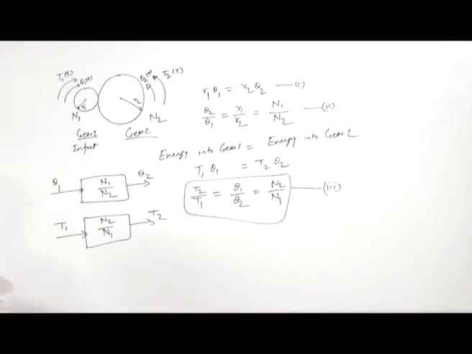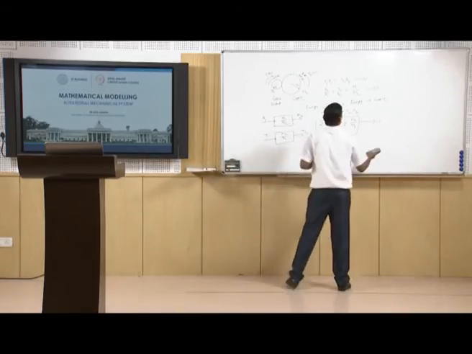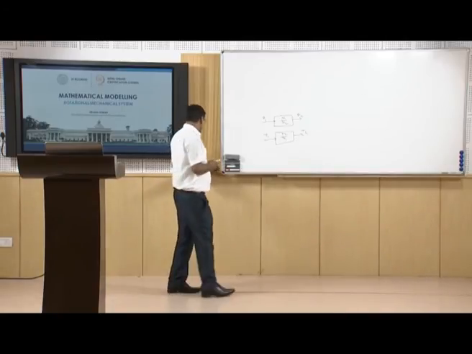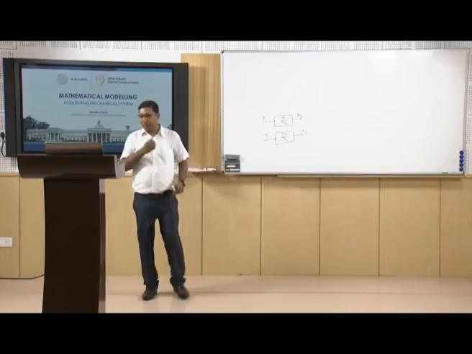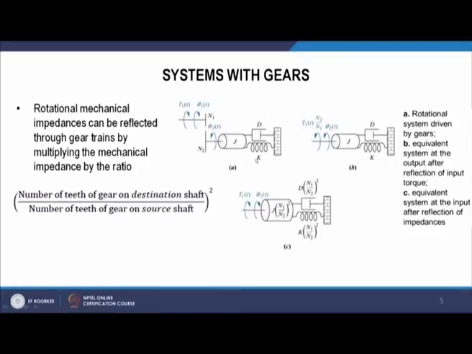Now let's take another example. We can see the example here. We have one damper, spring and inertia, and here is the input shaft. There is a gear that contains N1 number of teeth, and input torque T1 is applied here, and there is the input angular displacement theta 1.